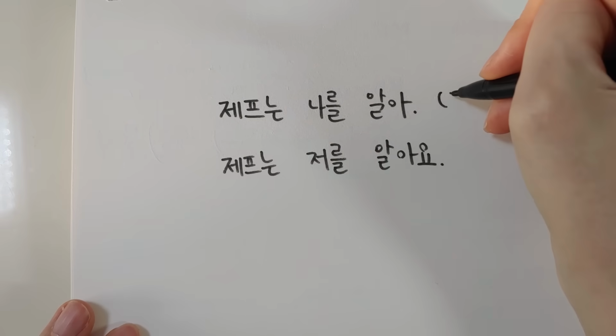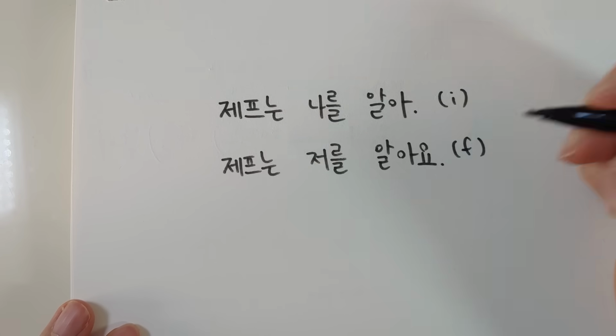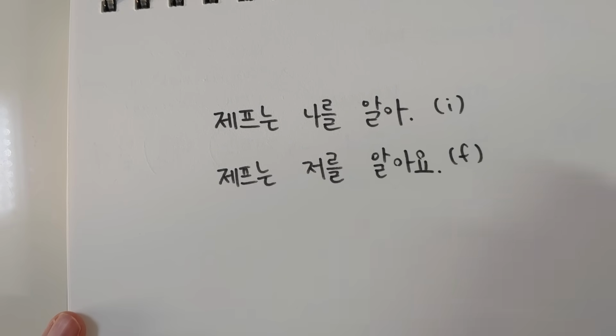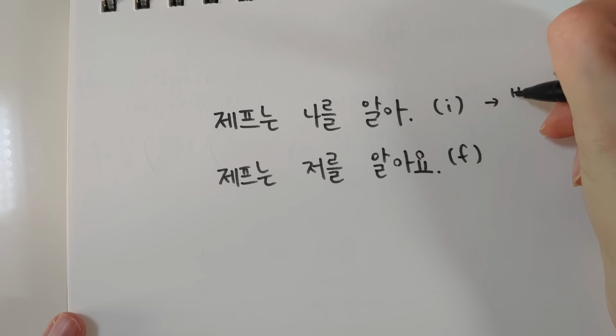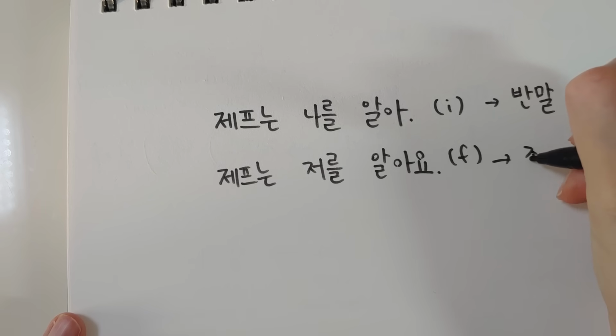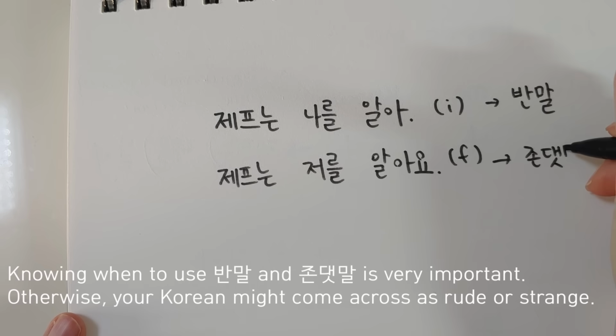Actually, 제프는 나를 알아 isn't the only way of saying I know Jeff in Korean. In almost every Korean sentence, there is a formal form and informal form. 존댓말 and 반말. They have different forms but mean the same thing.